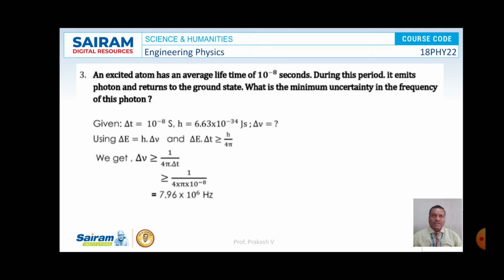Therefore, we can write delta mu is greater than or equal to 1 by 4 pi delta T. Since the delta T value is given, substitute the values in the formula. Then on simplification, the value of delta mu is calculated as 7.96 into 10 to the power of 6 hertz. So this is the solution for the given problem.